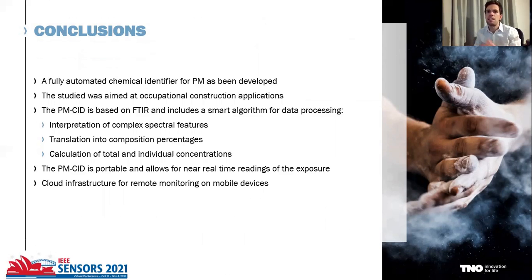The PMCID is based on FTIR and features a smart algorithm capable of reading and interpreting the complex features found in the spectral raw data and translating them into composition percentages of individual compounds. The unit is portable and permits the near real-time monitoring of aerosols. Finally, the system incorporates a cloud infrastructure for remote monitoring on mobile devices.